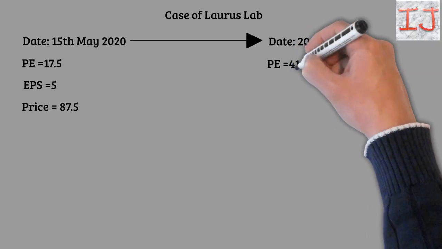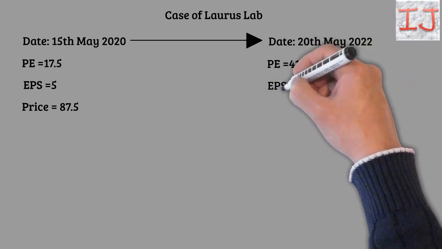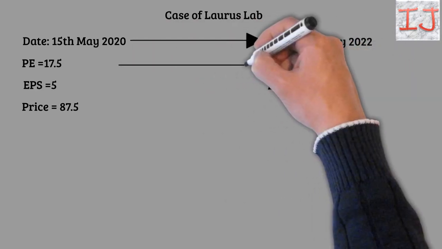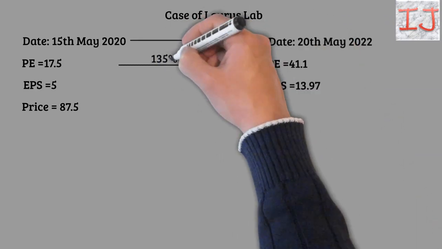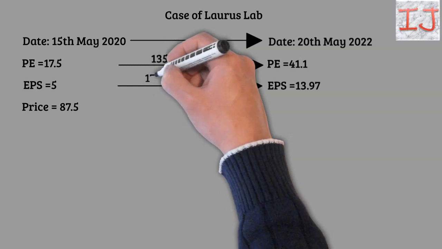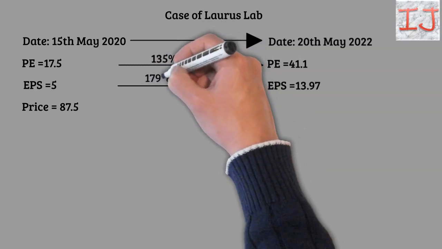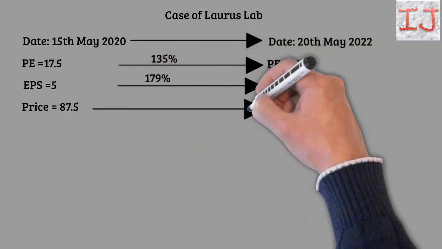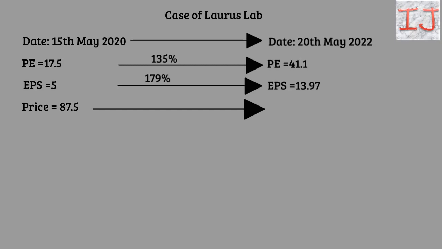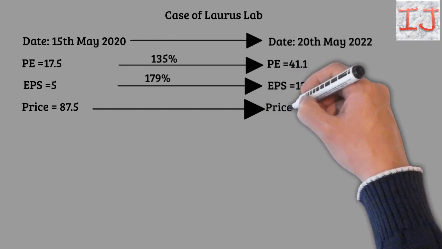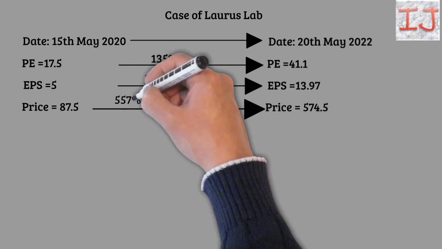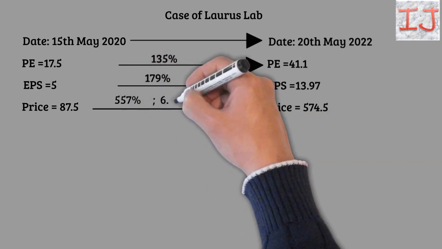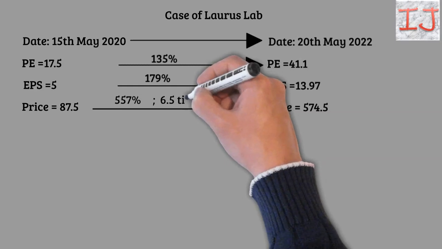PE is improved to 41.1 and EPS improved to 13.97. So there is 135% increase in PE and 179% increase in earnings. Both these changes has resulted in increase of share price to 574.5, which is growth of 557%, around 6.5 times.